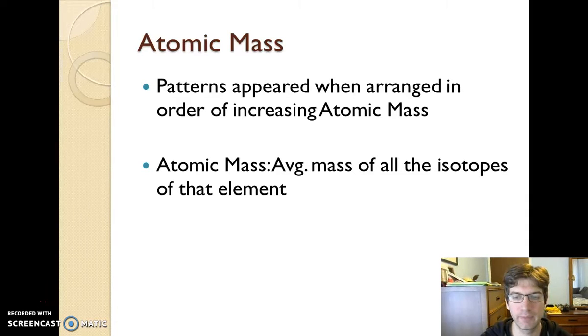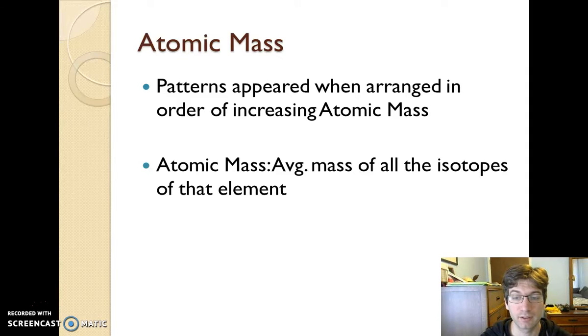He decided that we should organize our elements based on atomic mass. He did this because we did not know about protons at the time. So we couldn't measure those positive charges and those negative charges of protons and electrons. So we don't know how many protons there are in these things. So we can't do it by atomic number, which we do today. So Mendeleev decided to do it by atomic mass.